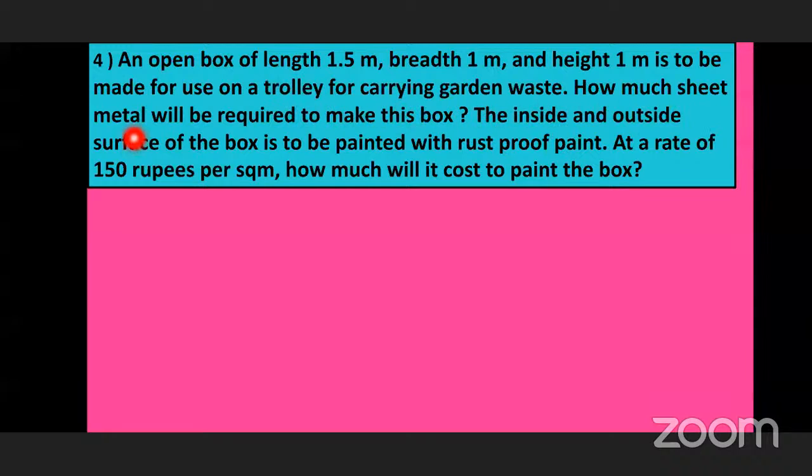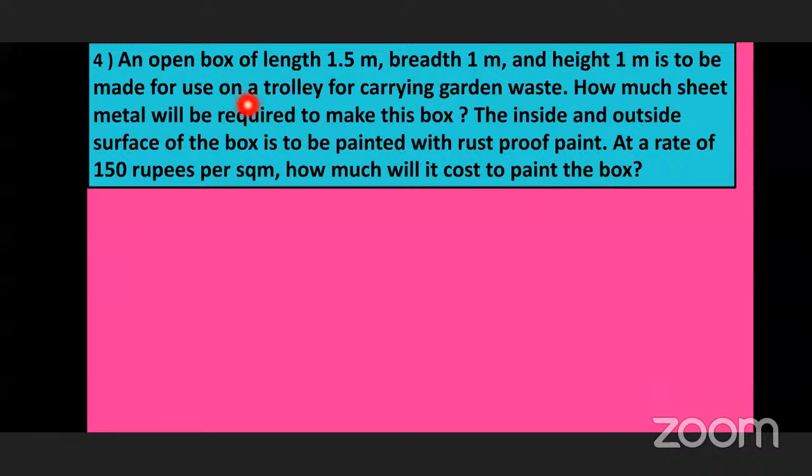How much sheet metal will be required to make this box? The inside and outside surface of the box is to be painted with rust-proof paint at a rate of 150 rupees per square centimeter. How much will it cost to paint the box?